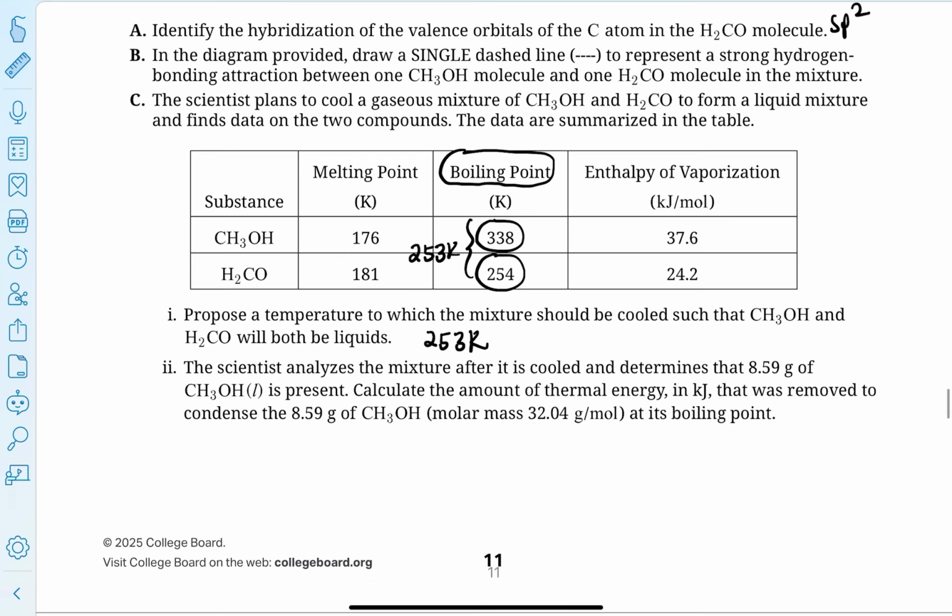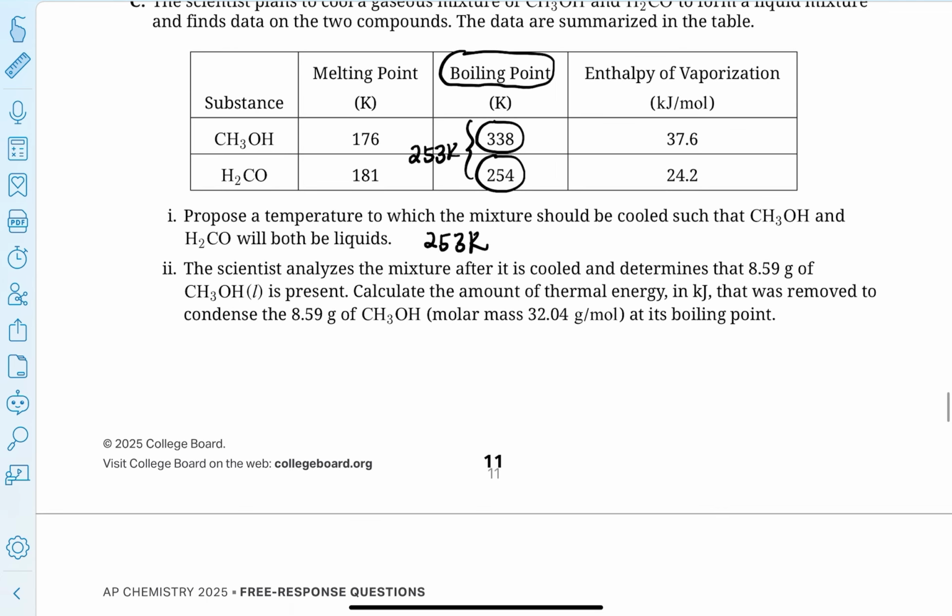Okay, and then finally, I need to determine how much thermal energy or enthalpy was removed to condense 8.59 grams of CH3OH. Well, I've got some information up here. This is the enthalpy of vaporization. So I know it takes 37.6 kilojoules per mole to vaporize 1 mole of CH3OH.